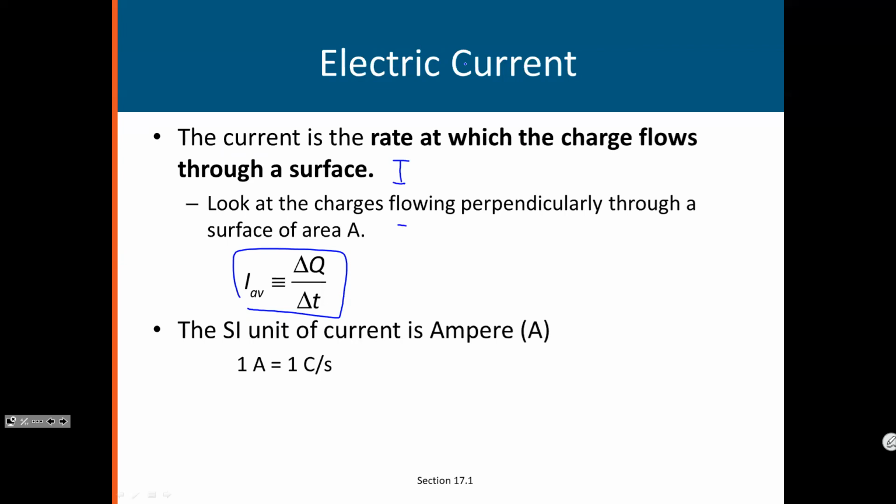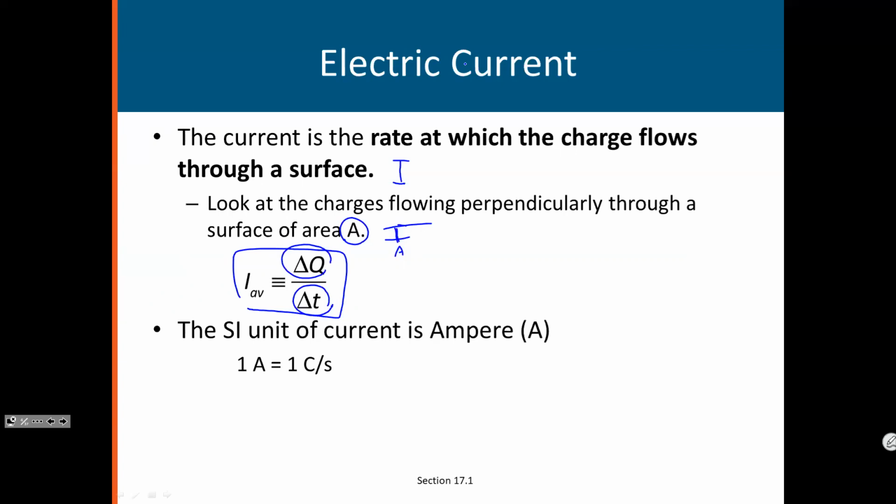We look at the charges flowing perpendicular to a surface area A, and we say the average current, suppose a charge of delta Q flows through this area A in a time of delta T, the average current is simply equal to the rate of flow of charges, delta Q divided by delta T. When you divide by the time, you are getting the time rate, okay? The charge flow per unit time.